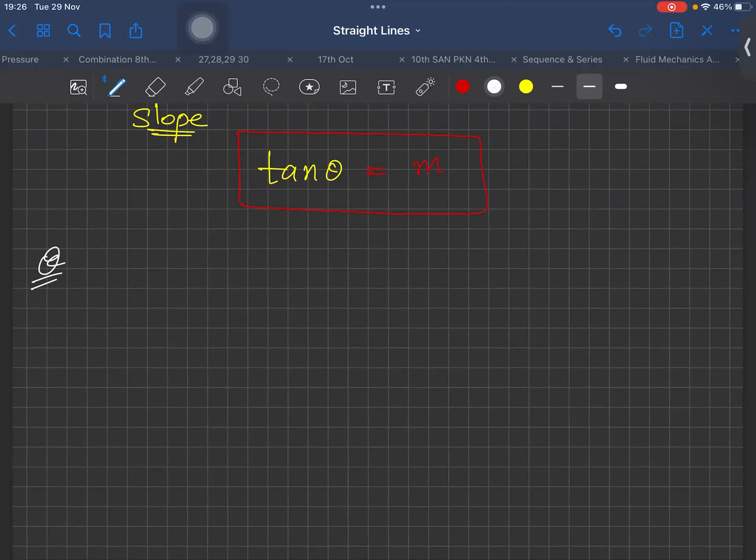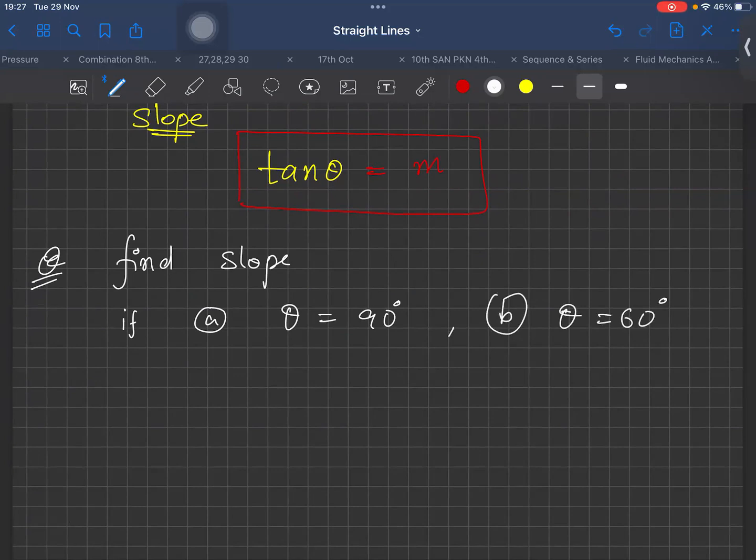So let's find out. What is the slope of the line? Find the slope if A, theta is equal to 90 degrees; B, theta is equal to 60 degrees; C, theta is equal to 120 degrees. Find m1. m1 will be tan theta 1.